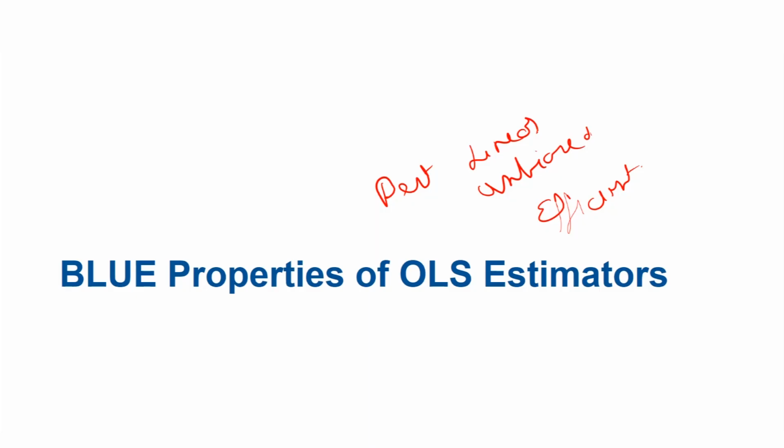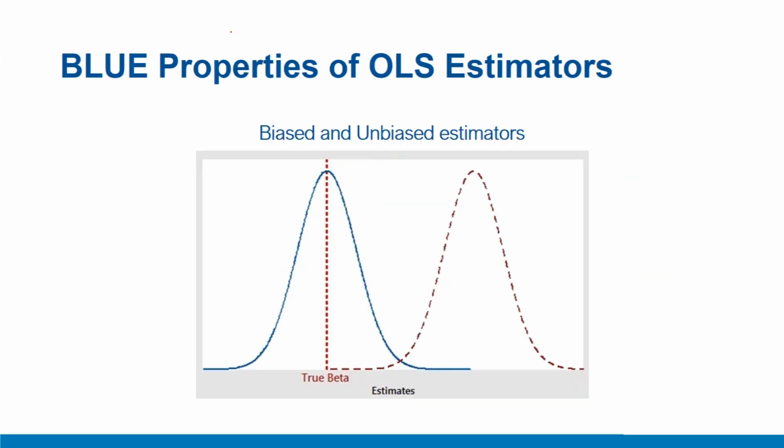We already know that OLS estimators are linear in parameters. In addition, there are two very important properties, that is unbiased and efficient. Let us start with the unbiased estimators. Any estimator that has its expected value the same as the true population parameter.